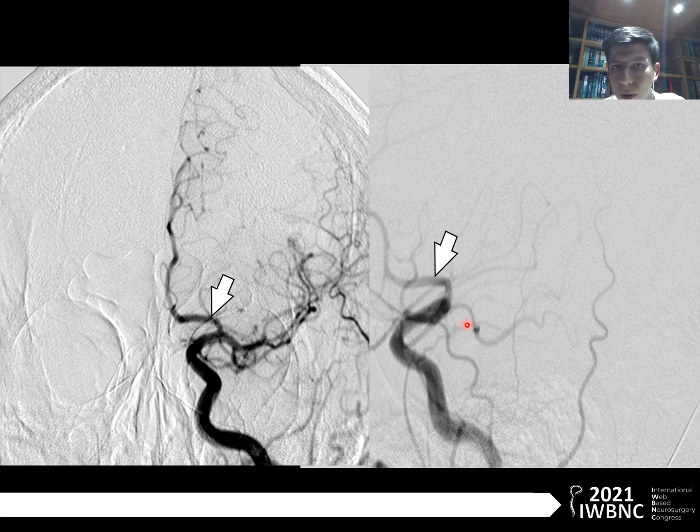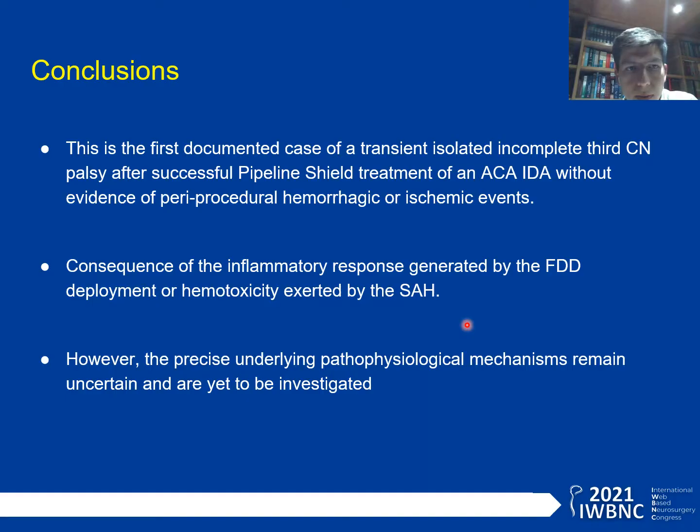At one-month follow-up, we obtained this cerebral digital subtraction angiography in anterior-posterior projection that showed adequate flow in the flow diverter device. In conclusion, we can affirm that this is the first documented case of transient, isolated, incomplete third cranial nerve palsy after successful Pipeline Shield treatment of an anterior cerebral artery aneurysm without evidence of a periprocedural hemorrhagic or ischemic event.